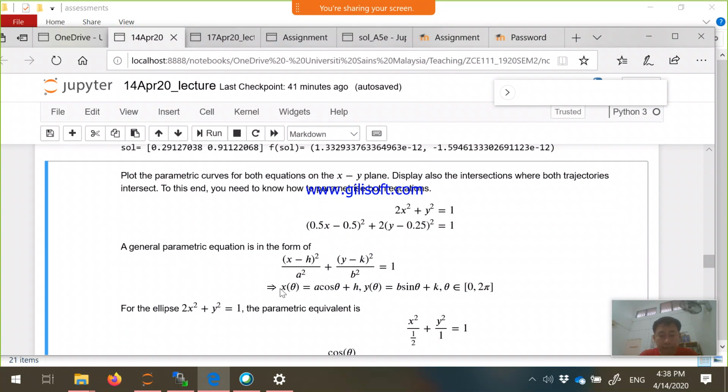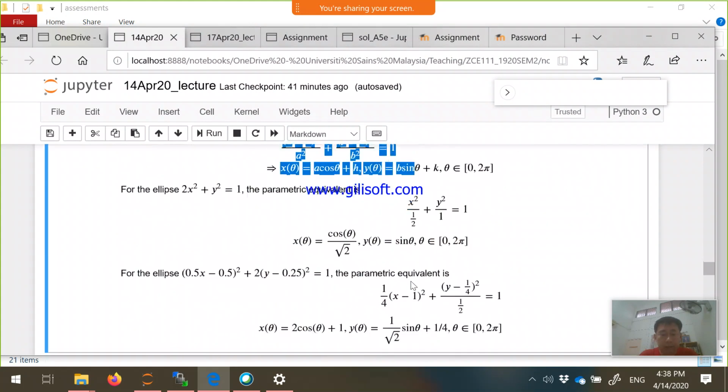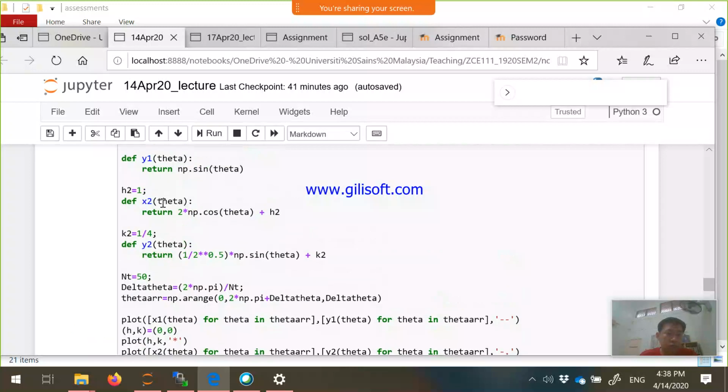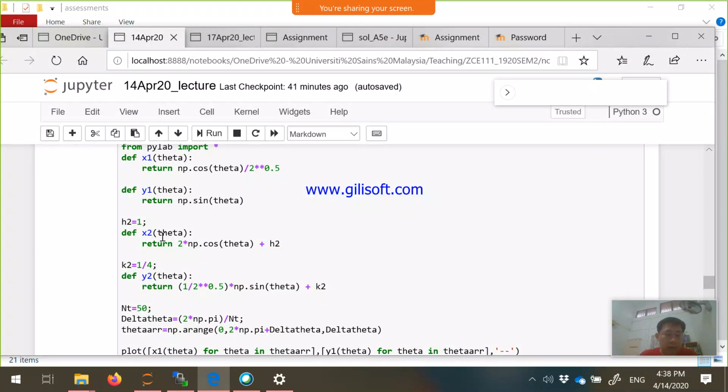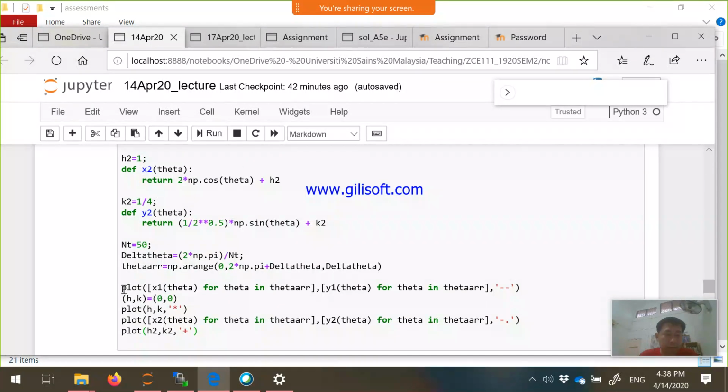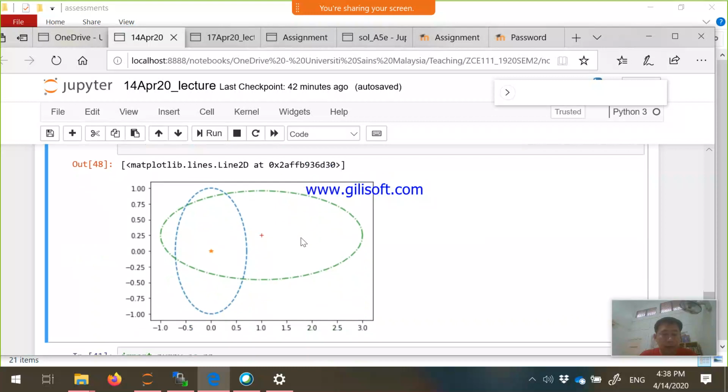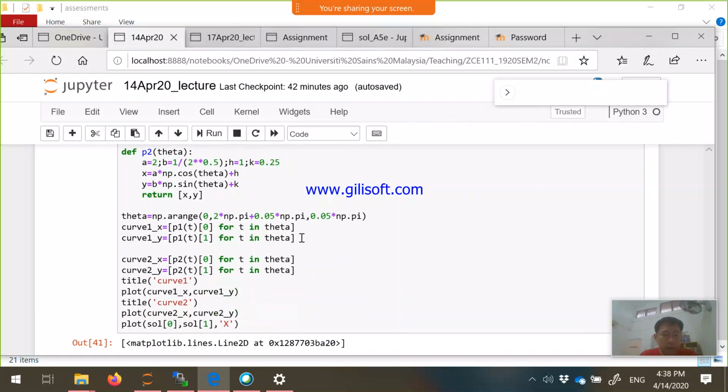And if you have already obtained the parametric equations, then you'll be able to generate the coordinates for the parametric curve using the techniques that I have shown you here. So basically this is what we are doing here. It's slightly different from what I do.